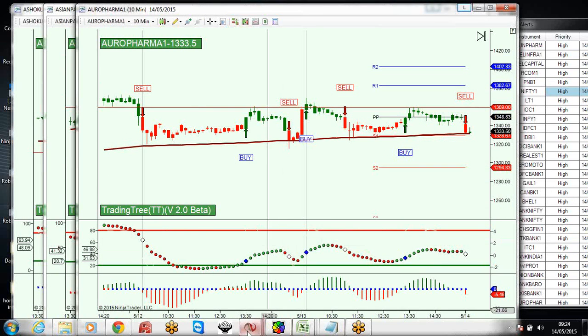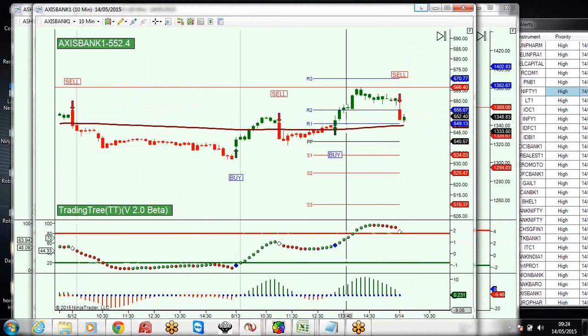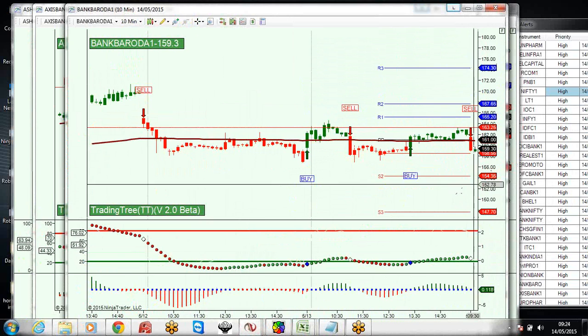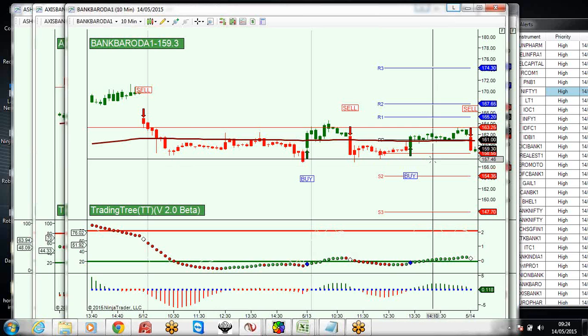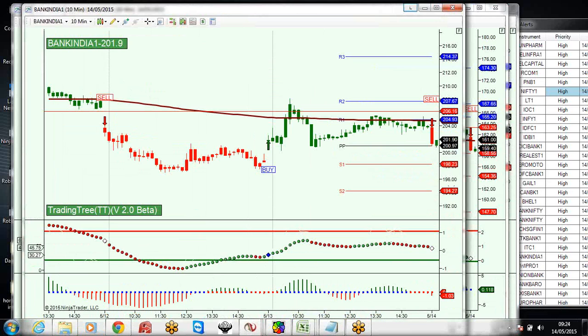1323 for Arvind Pharma, there we can short it. Axis, we will wait. I think it's better to wait for some time and then pick the calls. Nifty is 74 points down.